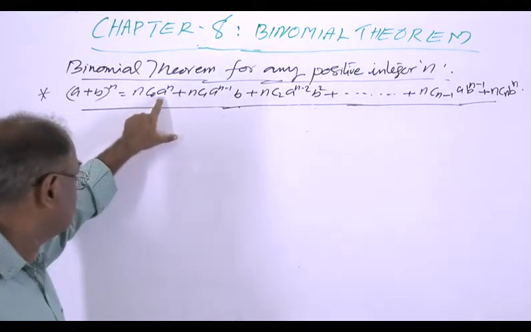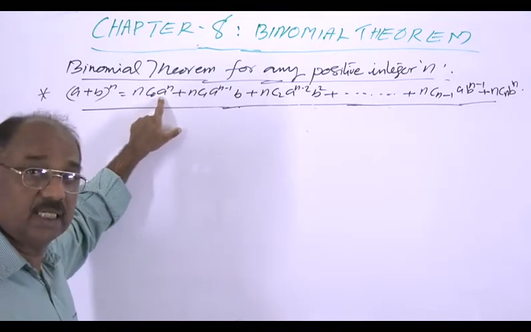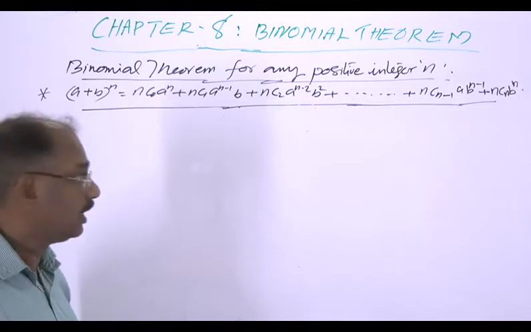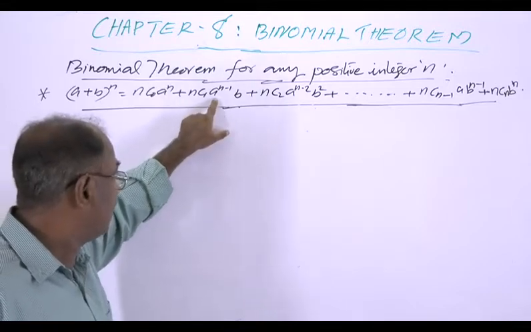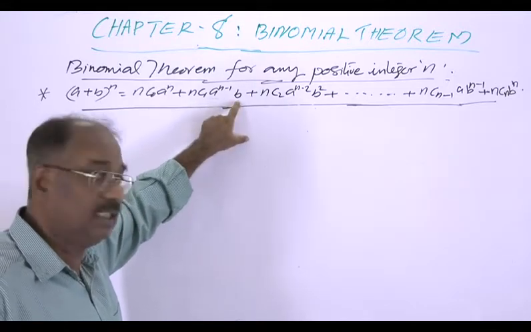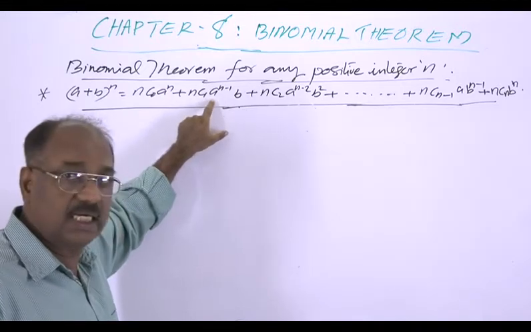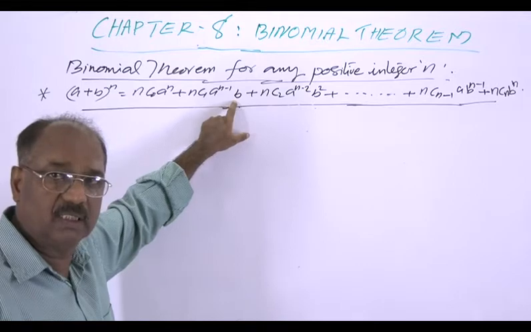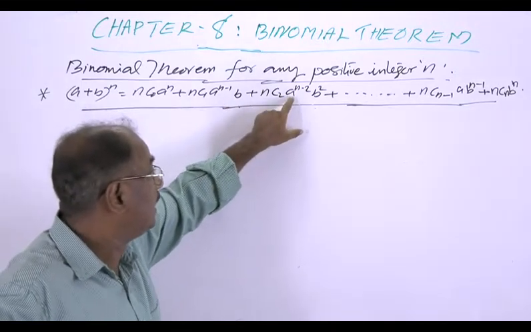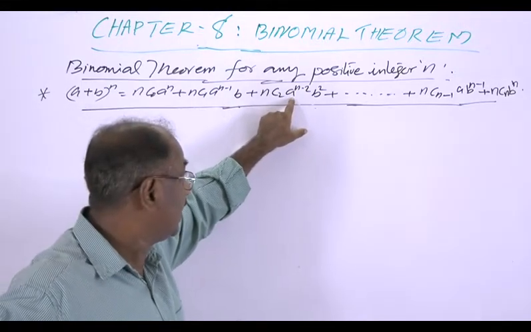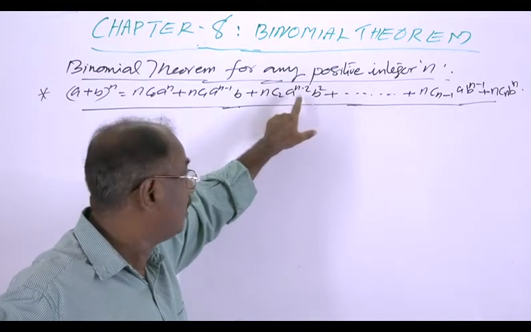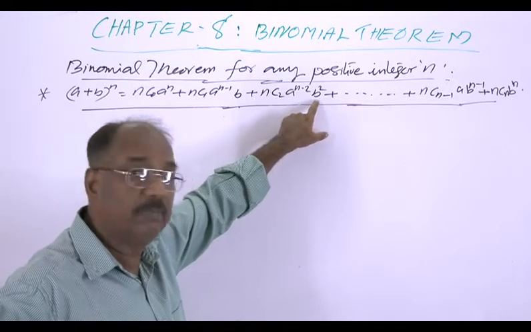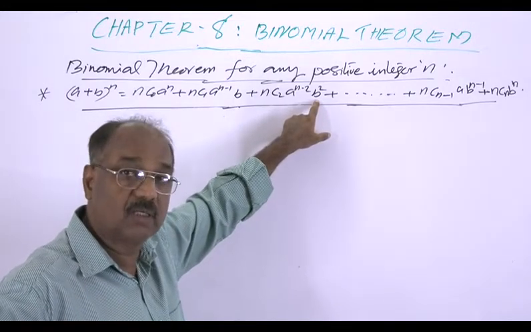Consider the remaining portion. Here we have a^n, and the power of b is 0. In the next term, we have a^(n-1) b: the power of a is reduced by 1 and b is raised to 1. In the next term, a^(n-2) b^2: the power of a is again reduced by 1 and the power of b is increased by 1.